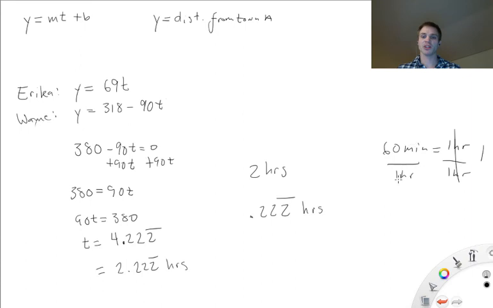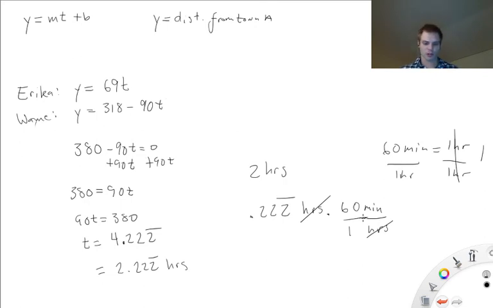So 60 minutes divided by 1 hour equals 1. So I can multiply by that. If you multiply by 1, you don't change anything. So I can multiply by 60 minutes over 1 hour. Hours cancels, just the same as if it were a factor. And then I get 60 times 0.22222 minutes.